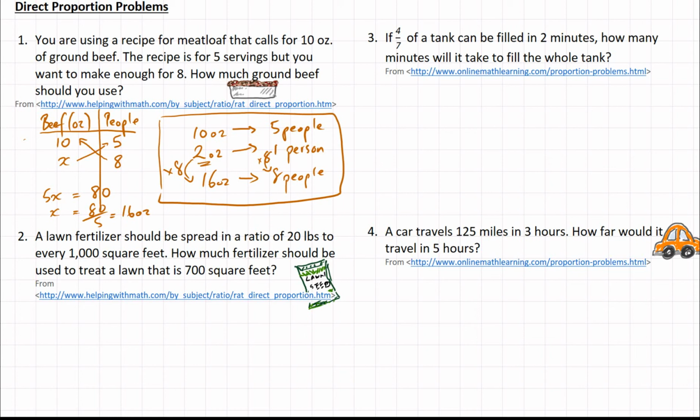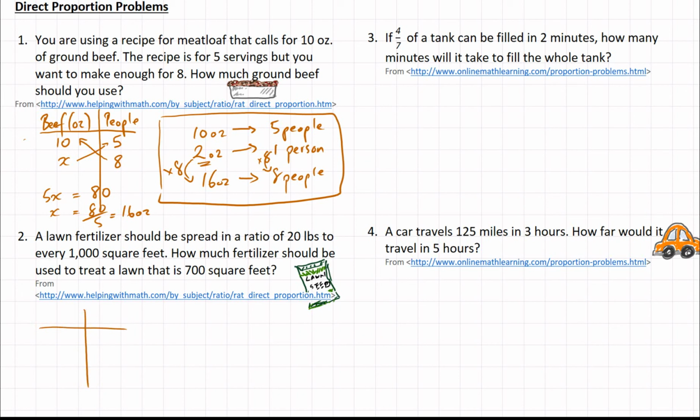Okay, the second example here, we've got lawn fertilizer should be spread in a ratio of 20 pounds to every 1,000 square feet. How much fertilizer should be used to treat a lawn that is 700 square feet? So if we increase the area of lawn, then we're going to increase the amount of fertilizer. So this is indeed directly proportional.